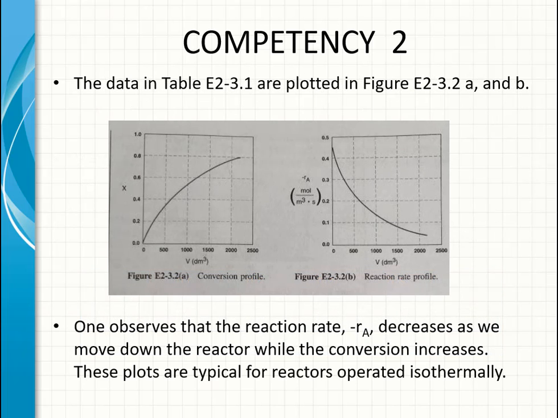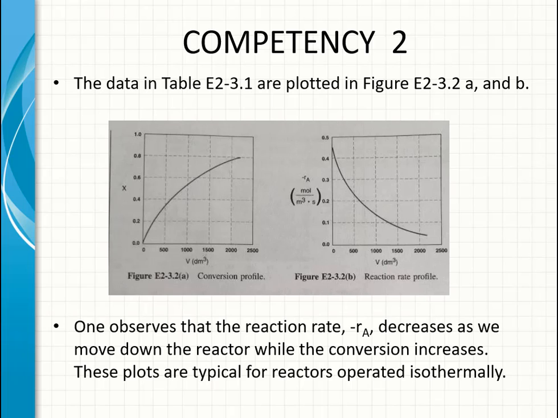And here we have the plots of conversion against volume. We see that at conversion 0, we need 0 volume of the reactor, and at conversion 0.8, we will need 2,165 liters of volume. On the other hand, the plot to the right is the value of the rate.